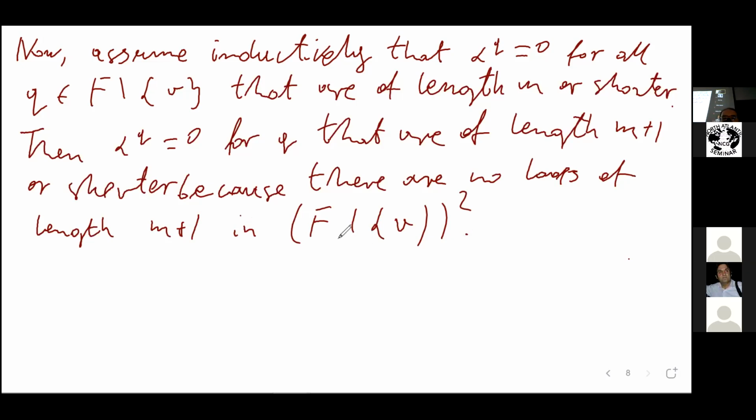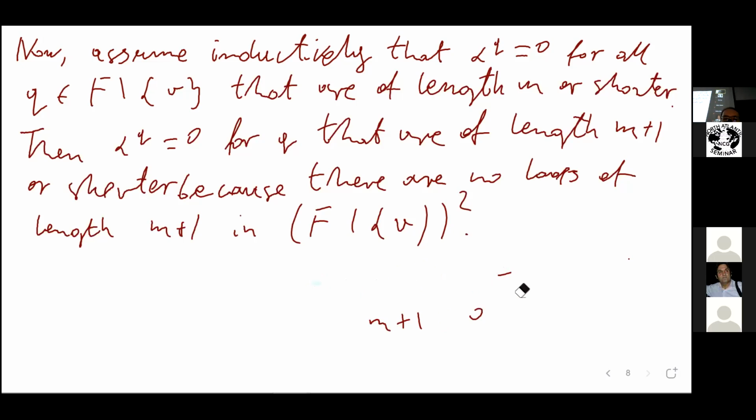So this means that the shortest loop in this set is of length 2m plus 2, which is m plus 1 plus m plus 1. And I dare say that 2m plus 2 is always greater than or equal to m plus 1. Well, that's simply because m plus 1 is always bigger than 0. M is at least 2, okay? Oh no, so m is at least 1. So indeed, this is true. There are no loops of length m plus 1 in f minus v squared.